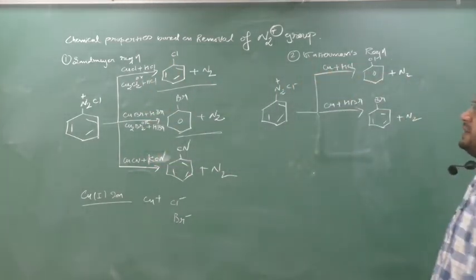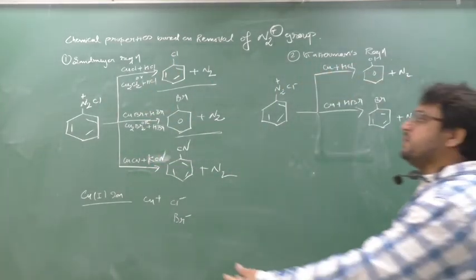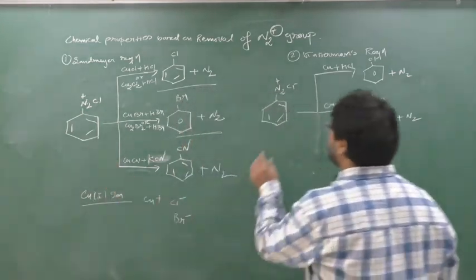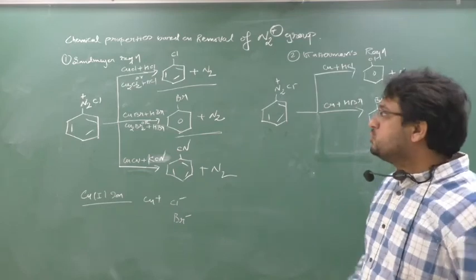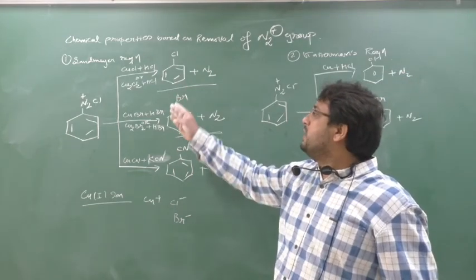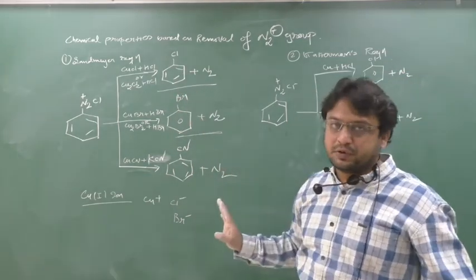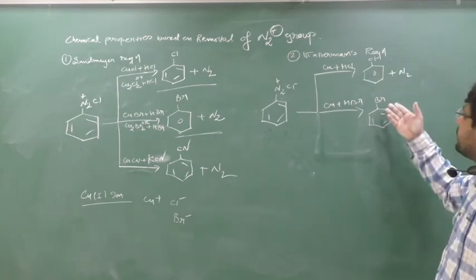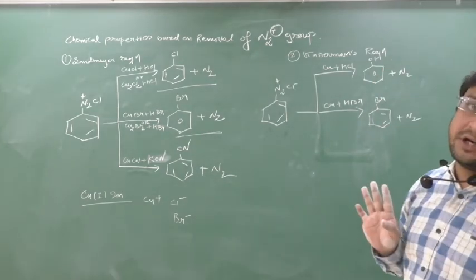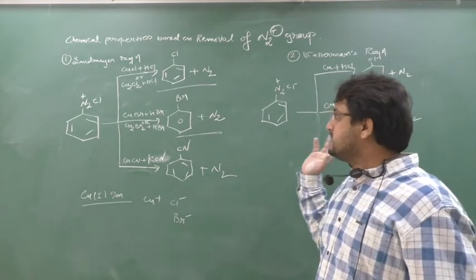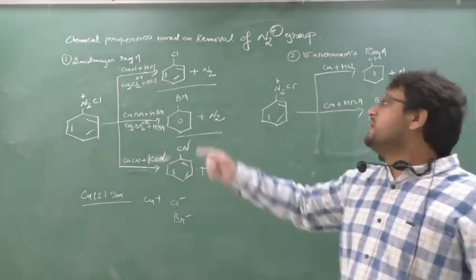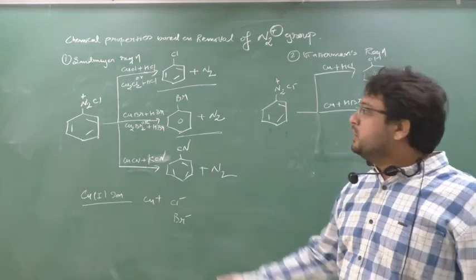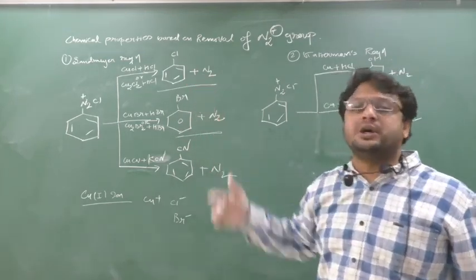If you take 1 kg of diazonium chloride in each, the Sandmeyer reaction will give about 900 gram of chlorobenzene and bromobenzene, but the Gattermann reaction will give only 500 to 600 gram. The reaction is the same, only the reagent is different.